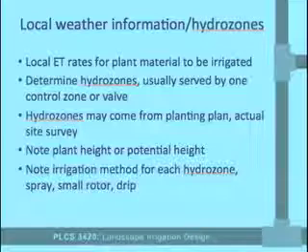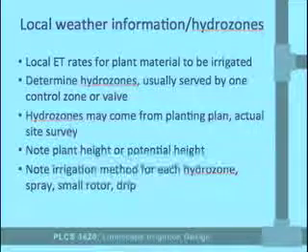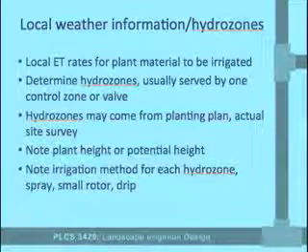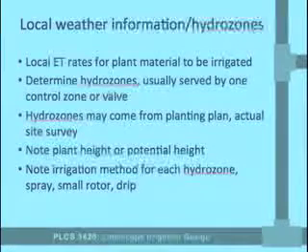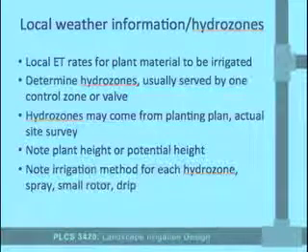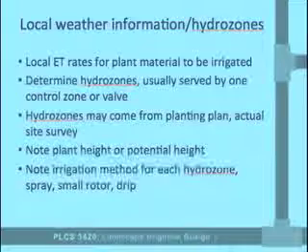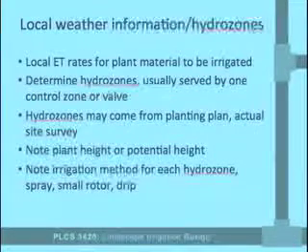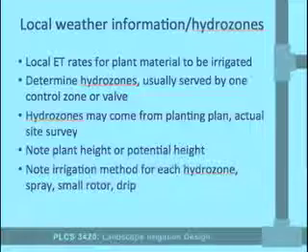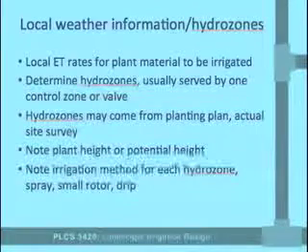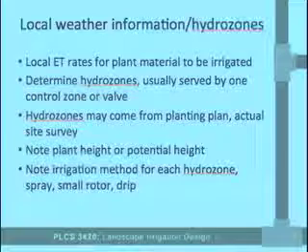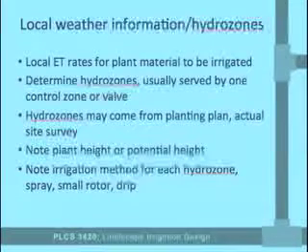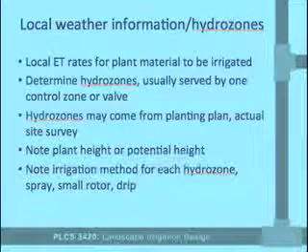Other information that's going to go into this collection of site information includes local weather information and also hydrozones that are planned. And if you think back to our plant water relations lecture, we talked about ET rates, and we talked about an example with the cool, dry climate, and that's where this local weather information becomes important.